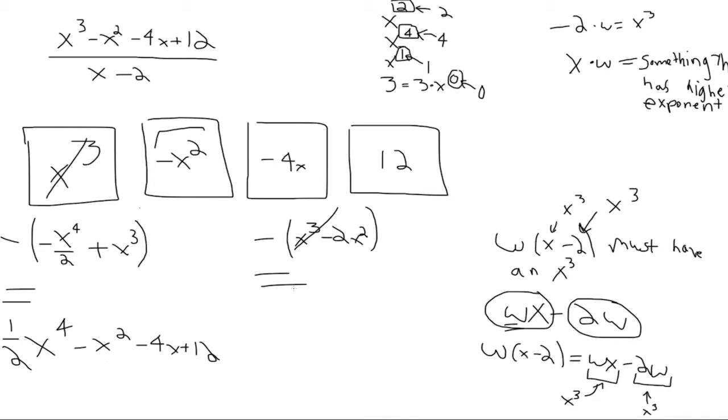This x cubed and this x cubed. So we're going to end up getting just nothing for the x cubes. We're going to get minus x squared, and we're subtracting this negative 2x squared, right? So subtracting negative 2x squared is the same thing as adding 2x squared. So we're going to have plus 2x squared minus 4x plus 12.